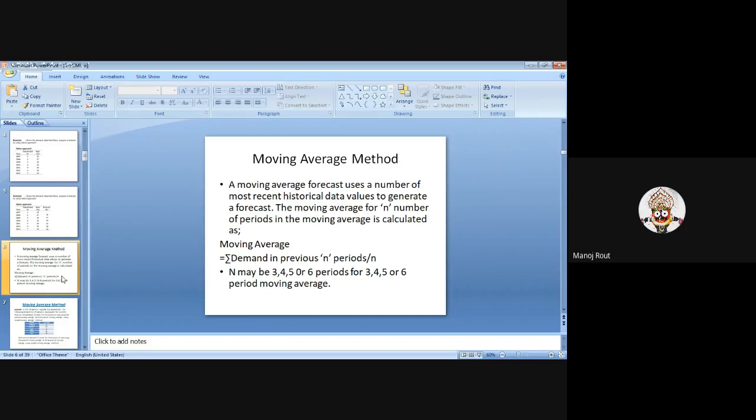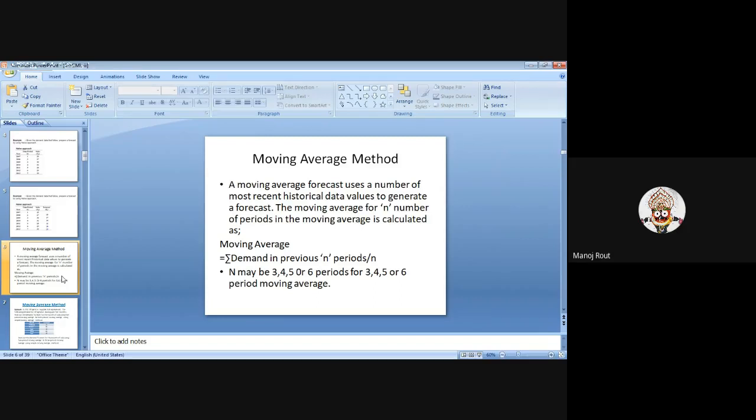I repeat the same formula again: moving average equals the summation of demand in the previous n periods divided by n. Here n may be 3, 4, 5, or 6 periods.